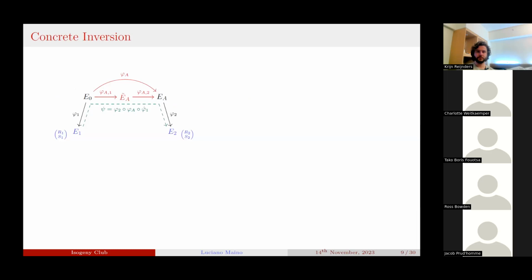So now let me explain the concrete inversion algorithm for the trapdoor function. This is the diagram we did before. The only thing that I modified here is that rather than considering phi A as a unique isogeny, I've split phi A into different isogenies, phi A1 and phi A2. Why did I do that?